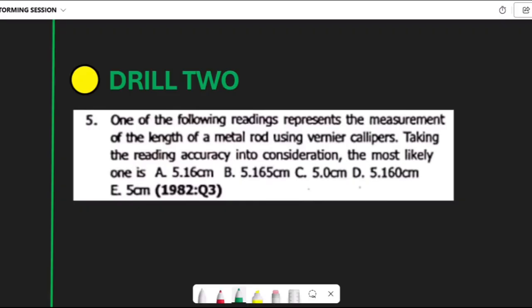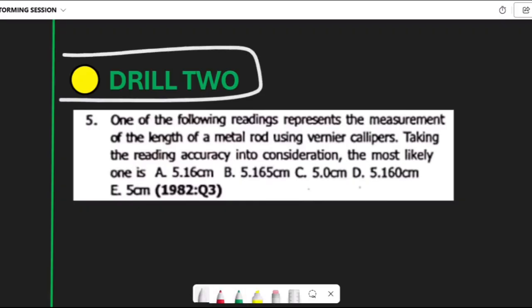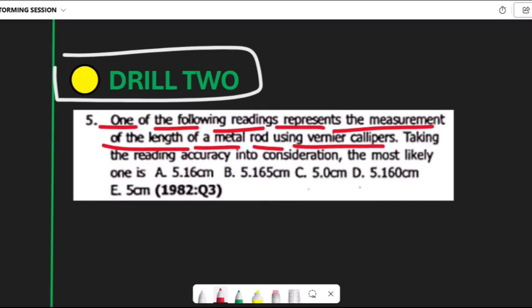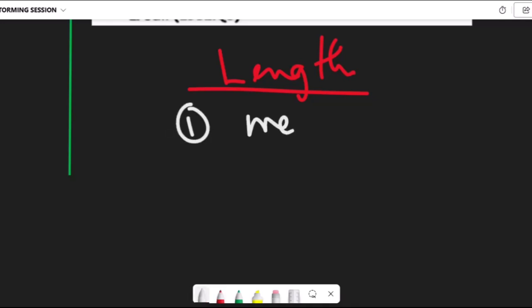In our grade 2, we are given that one of the following readings represents the measurement of length of a metal rod using vernier caliper. Now, before we get into it, let's understand what are those instruments we make use to measure length. Anytime you have to measure length of a material, what are those instruments we use? Number one, we make use of metal rule.